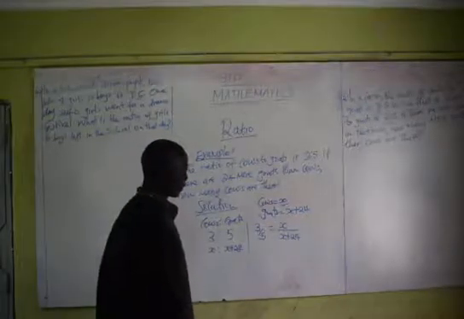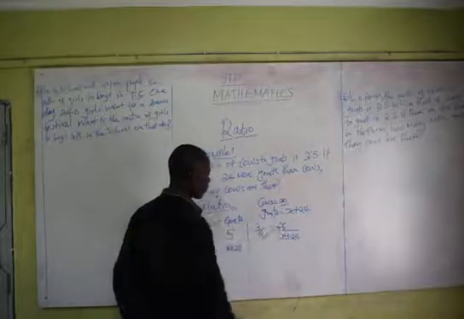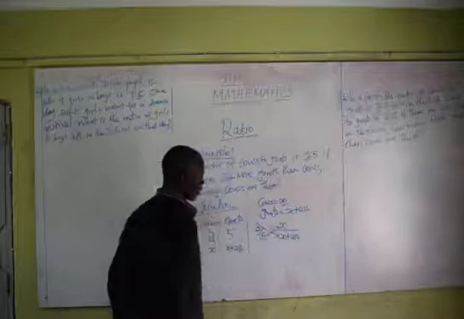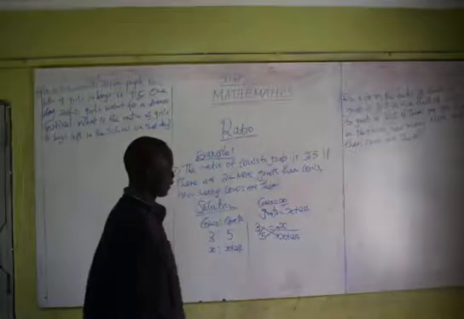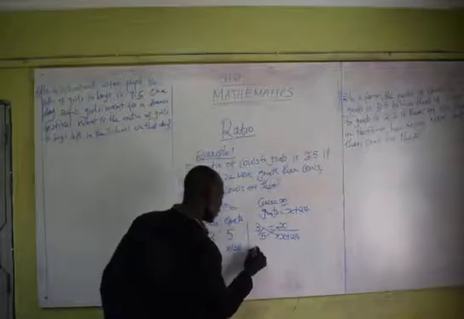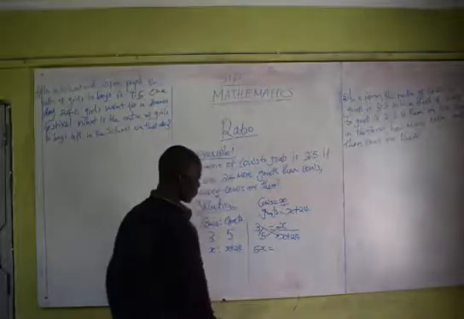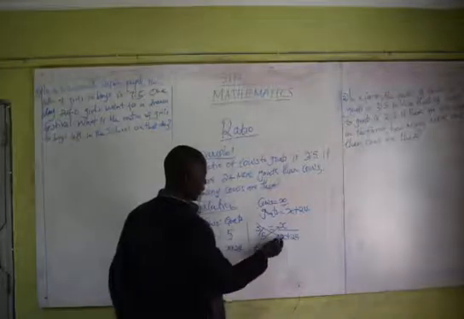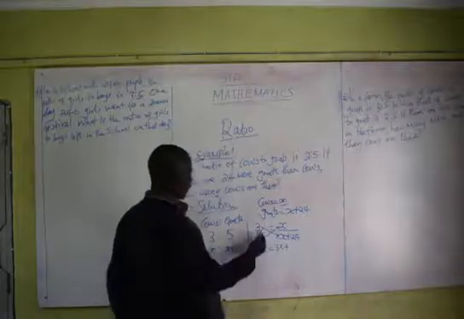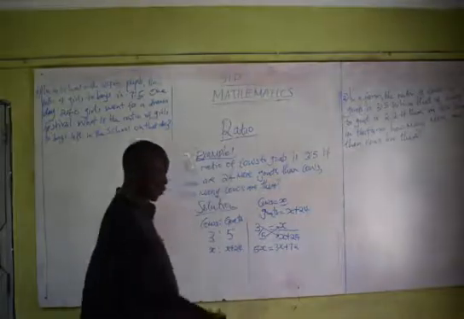This 5 multiplies with x, and this 3 multiplies with x plus 24. So 5 times x gives us 5x, which is equal to 3 times x, 3x, plus 3 times 24, which gives us 72.